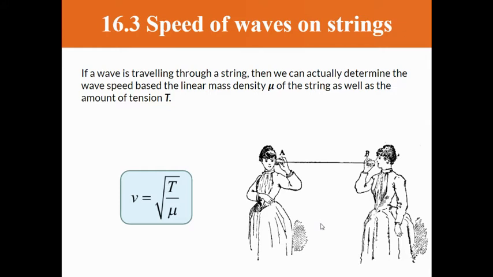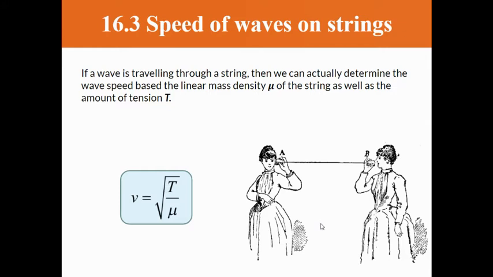So rather than talking about how the spring constant or the mass affects the frequency of oscillations or the wave speed, which again, remember that the wave speed actually will determine the frequency of the oscillations, as the wave speed can be written as a product of the frequency of the wave times the wavelength.